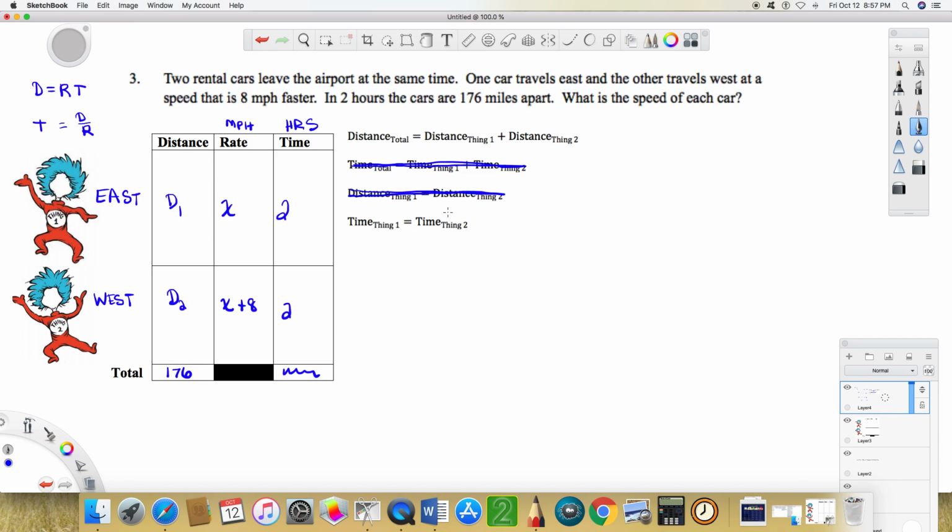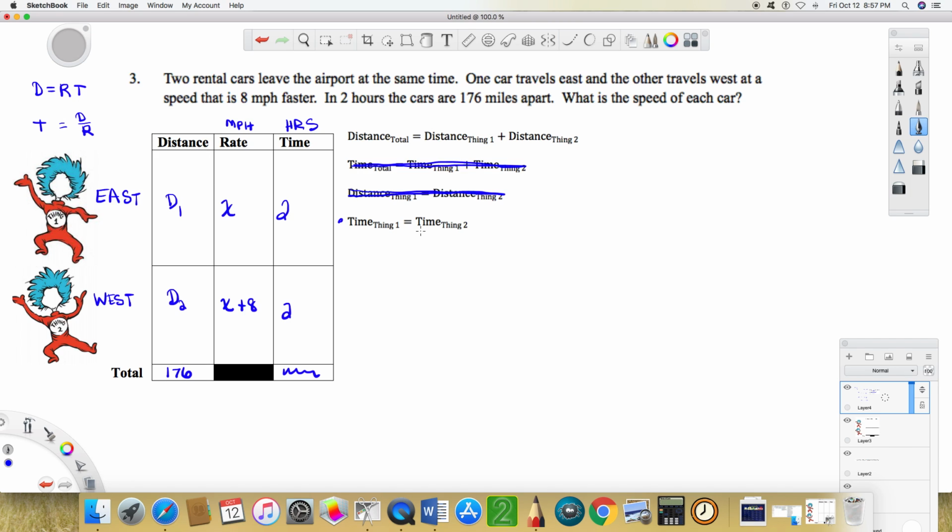Now, if you selected the two times are equal to each other, and we try to explore that, I think that you'll find there's too many unknowns. So let's take a closer look at this one, and then decide whether we want to continue or come back and pick that total distance.